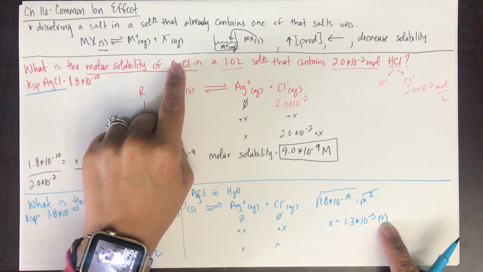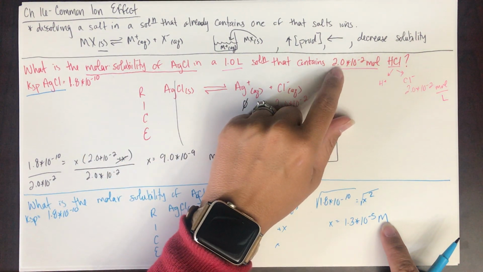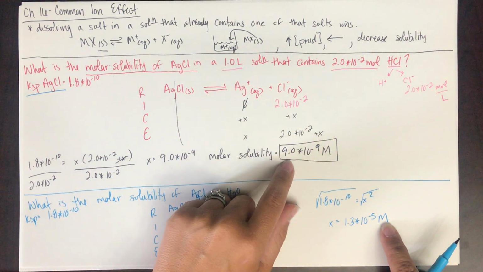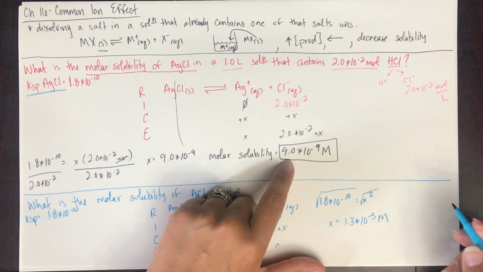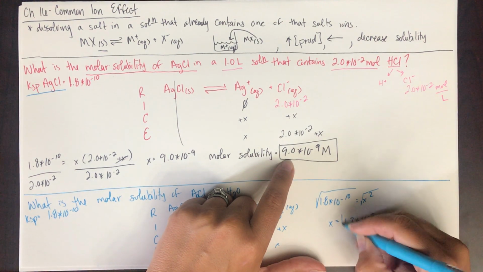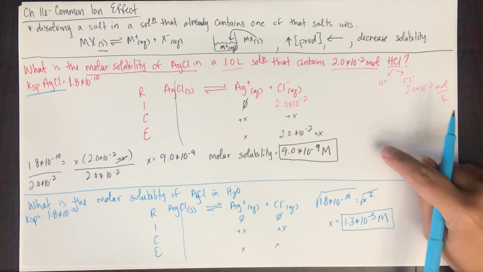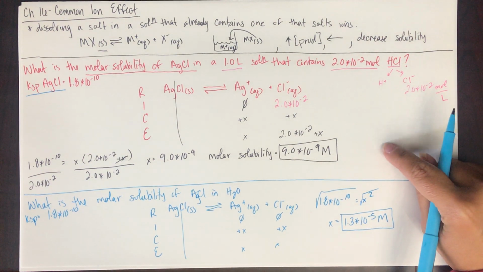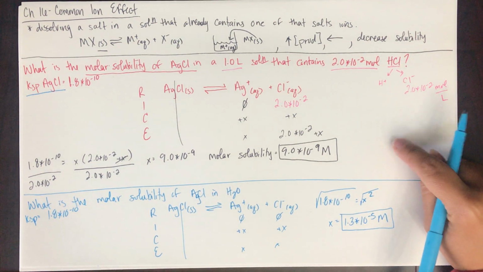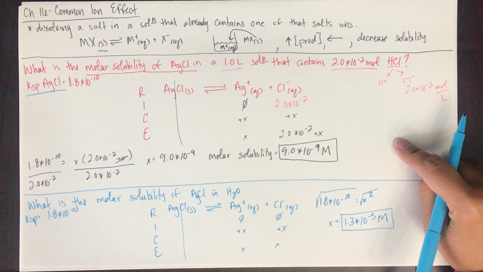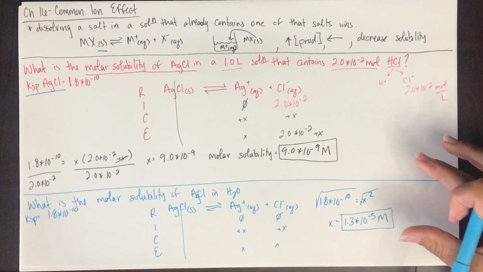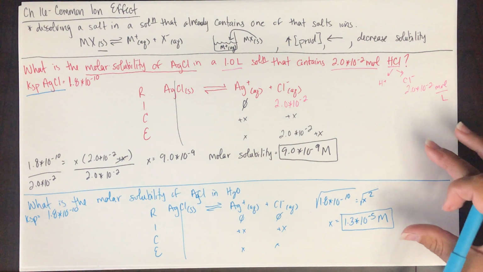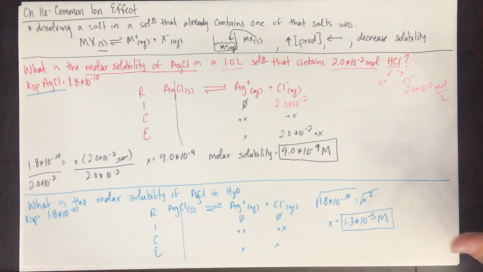The molar solubility of silver chloride in a solution that already contains chloride ions is 9.0 times 10 to the negative 9th. You'll see that the molar solubility decreases when you dissolve it in a solution that already contains one of the ions. So this is another good thing that you should be doing to make sure that your calculations are matching up with the chemistry.